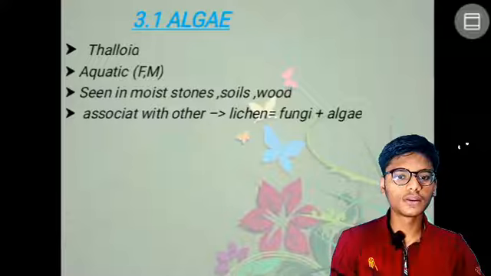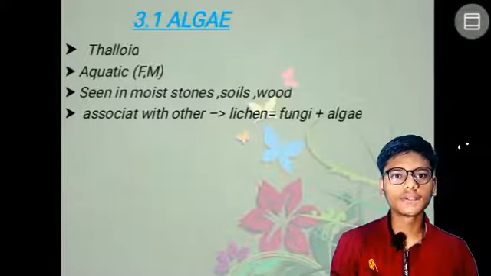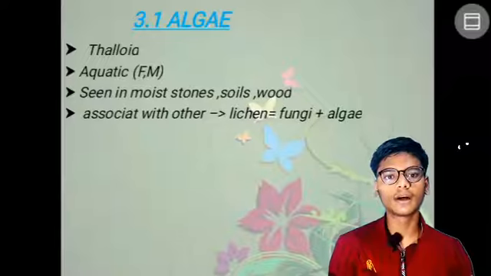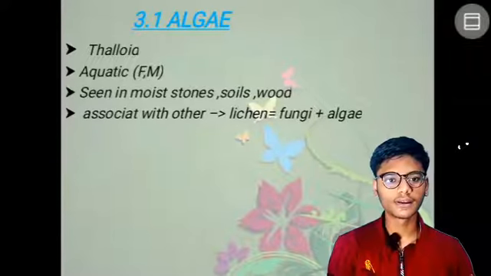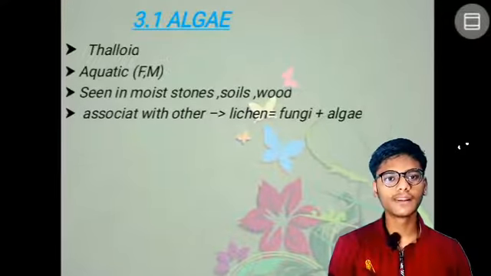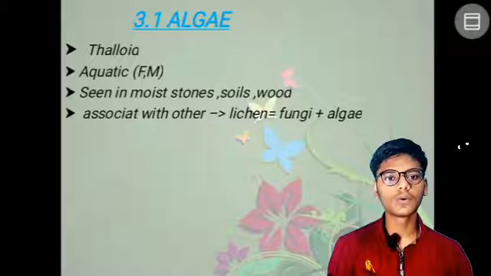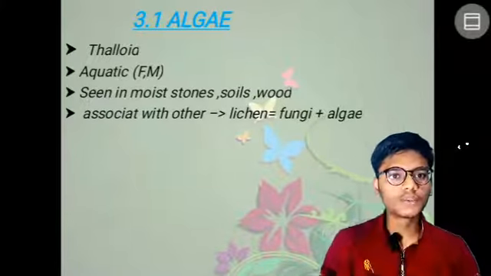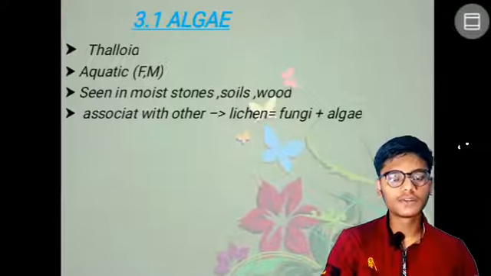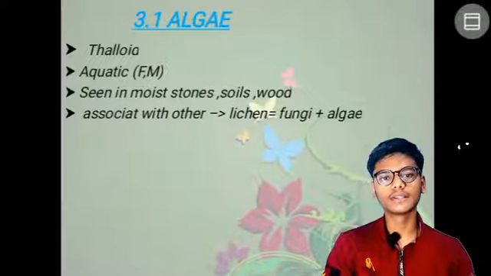They associate with other organisms, or we can say combine. These algae combine with others, like lichen. You can remember the example as lichen. Lichen means algae growing with fungi. When algae associate with fungi, it is called lichen.